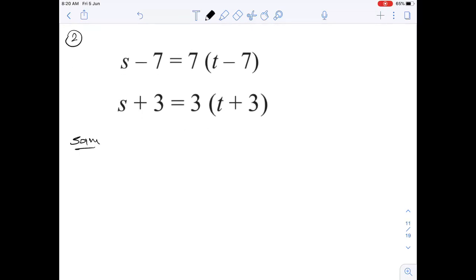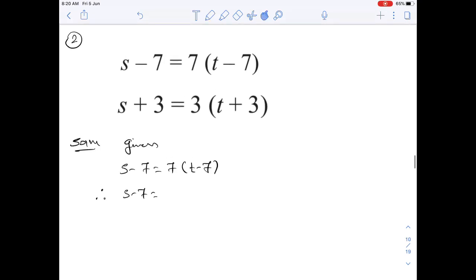Solution. Given s minus 7 equals 7 into t minus 7, therefore s minus 7 equals, now this 7 will multiply to both, the 7 will multiply first to t and then with minus 7, so 7 into t will be 7t, 7 7s are 49.